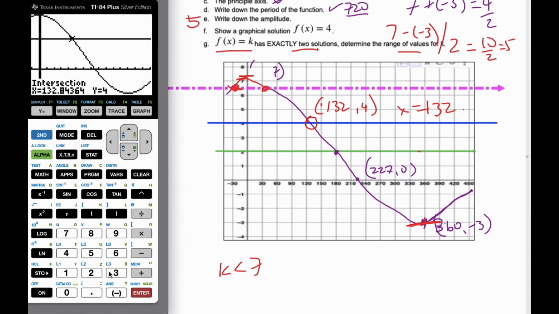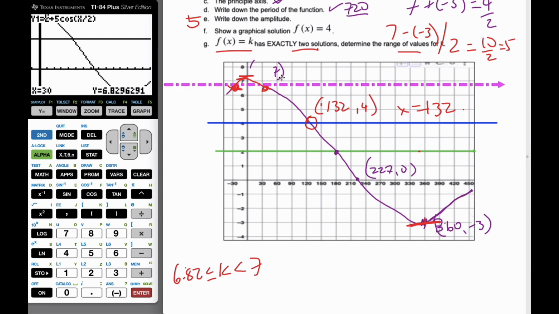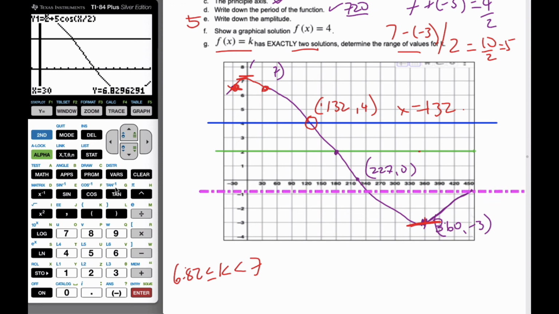So if I type in 30, oh, I want the other function though, 30, I get 6.82. So I know from 6.82 less than or equal to k, it will intersect the pink line exactly twice. Then it no longer does. Then at 450, it starts again when x is 450.